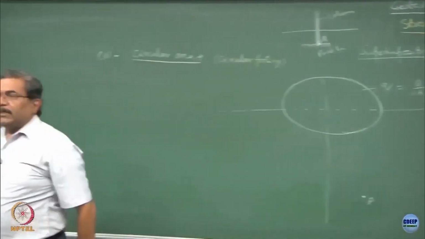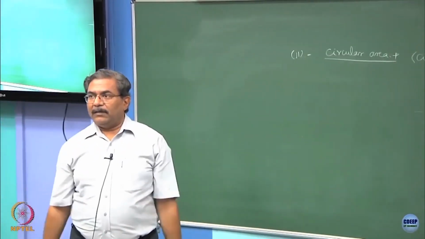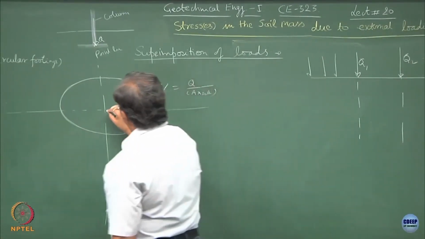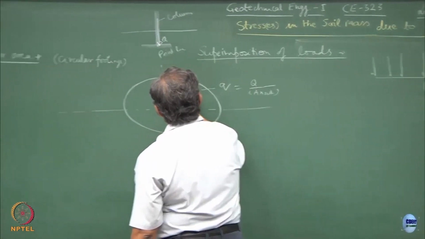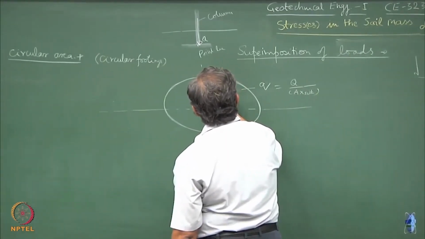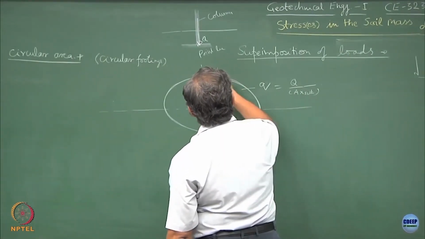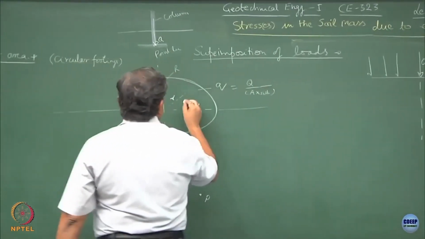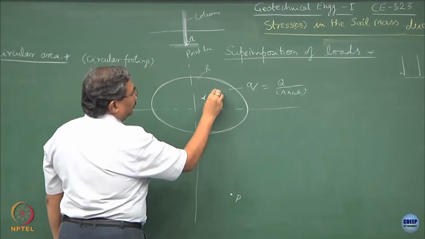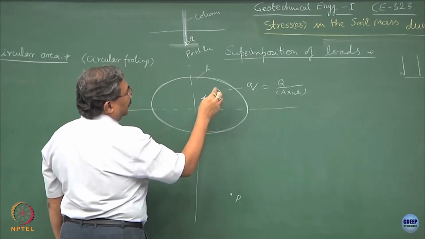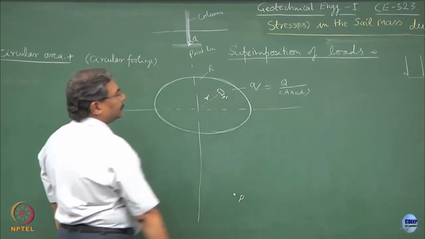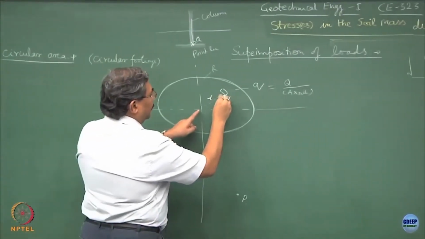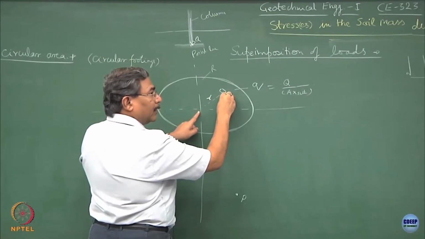You have done a lot of integration in your 10 plus 2. So, suppose I consider an element at a radial distance of small r, this is the radius, the entire area, and if I consider a small element over here as dr, r into dr, clear?